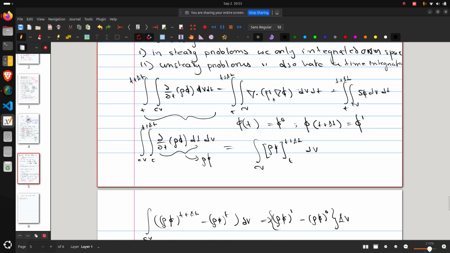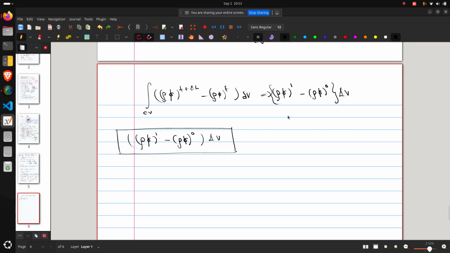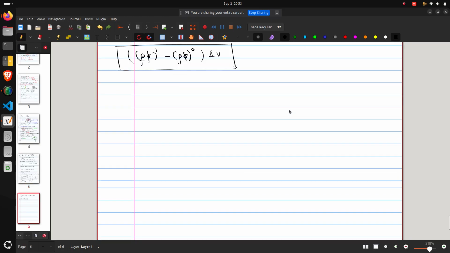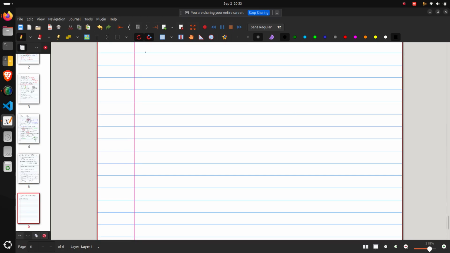Now we have integration from t to t plus delta t for the other terms also, right? For the diffusion term and the source terms also. So let's look at the diffusion term first. Integral from t to t plus delta t, control volume, ∇·(Γ∇φ) dV dt.